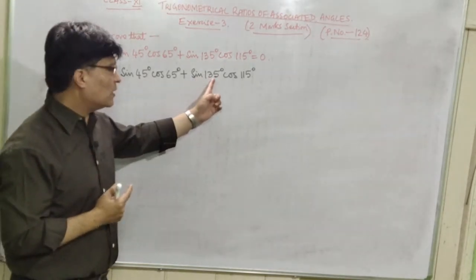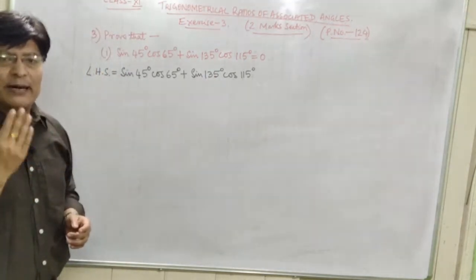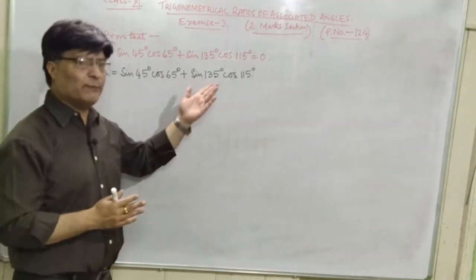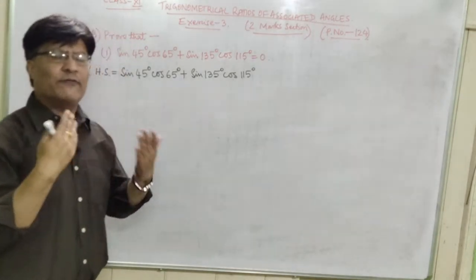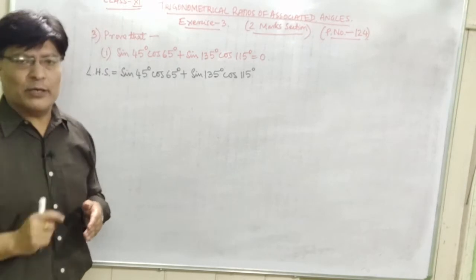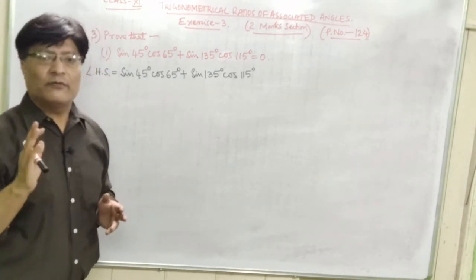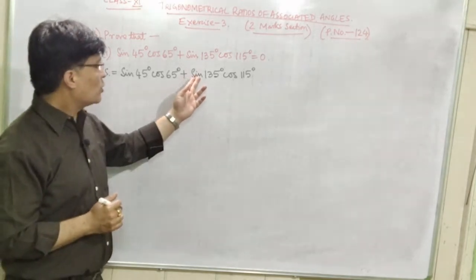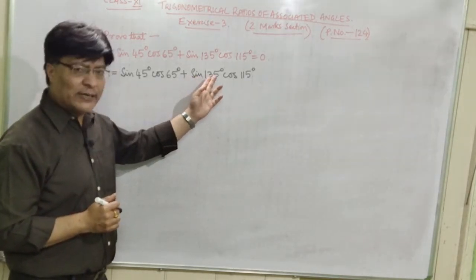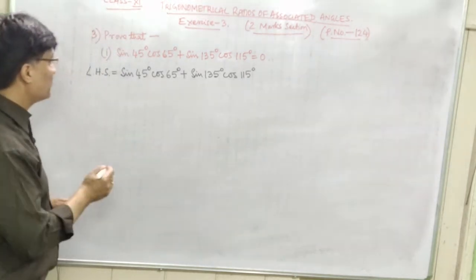And this sine 135 degree, this 135 degree can be written as 180 minus 45, or you may write 90 plus 45, because in this case you have to find out only the value. You can write either odd multiple of 90 or even multiple of 90 in order to get the value for given trigonometric function. Okay. So now sine 135 degree, how will you write it? Either you can write 90 plus 45 or 180 minus 45. Okay.